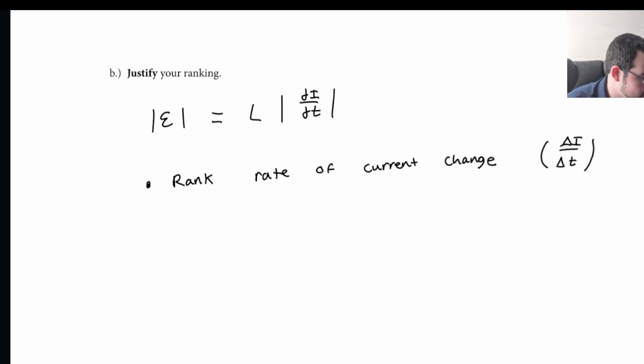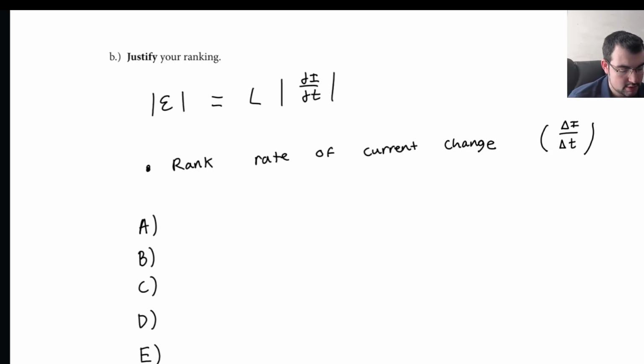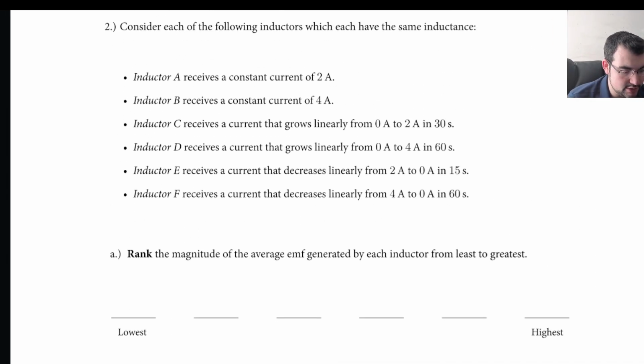We can just take a normal rate of change or a normal slope. So let's do that. We've got a whole bunch of inductors to do: A, B, C, D, E, and F. So we can do each of those.